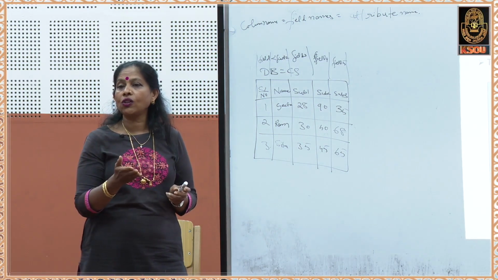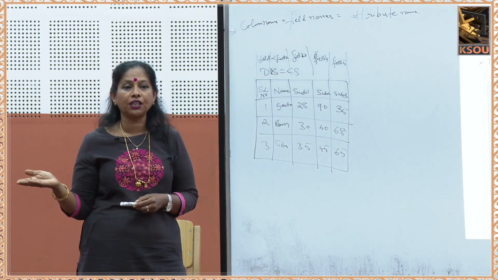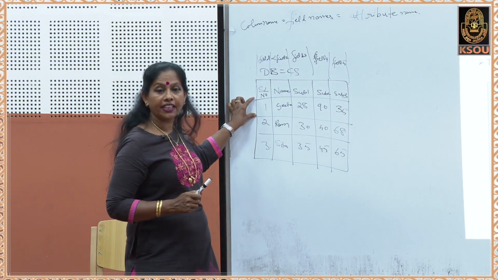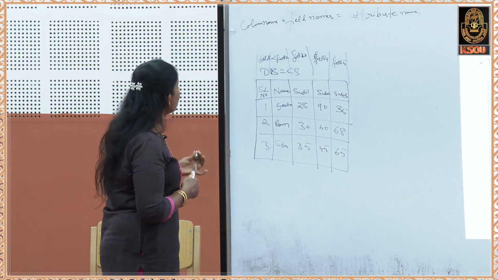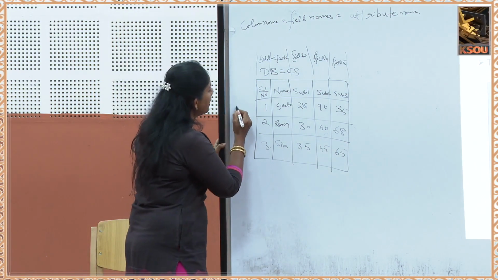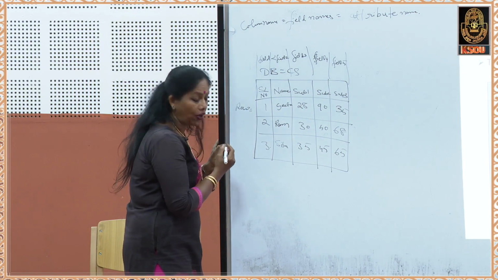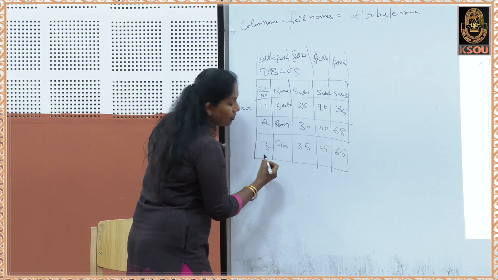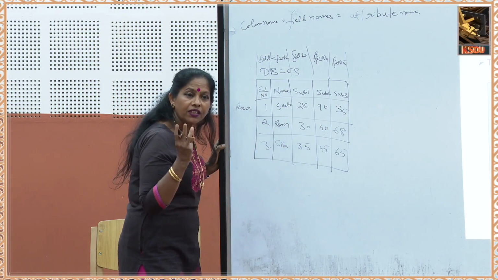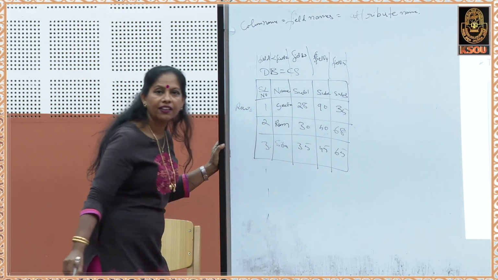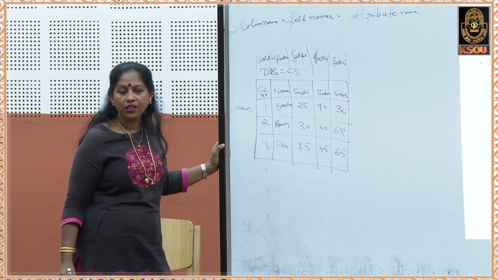What Geeta scores, her marks are different from Sita's, right? So this is one entity. So the row is what? Row is an entity. Row is called as a record. Each row, see, how many rows are there? 3 rows. I have drawn only 3. You can have multiple, n number of rows. Okay.